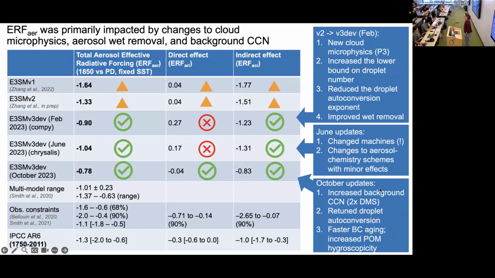So this has been looked at, but off the top of my head, I don't have the answer to that. I don't know if Chris might know, but we are certainly looking at precipitation as well when we do these tunings. Precipitation is also affected by many other things in the model at the same time. Yeah, thank you, of course.